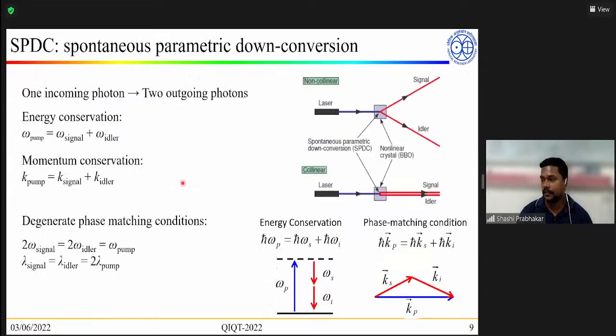When you are getting a signal and idler, there will be momentum conservation. So if one photon is getting -1, the other has to be +1. And if you want to get the mode structure, it's even in the photon region and also in the mode structure region.